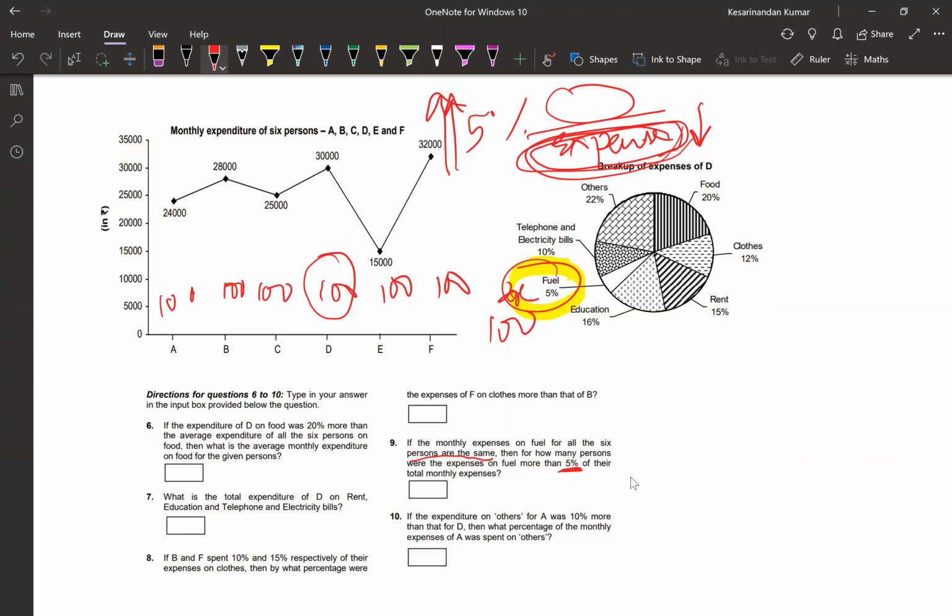So basically I just have to find out the number of people whose expenses are below this line. How many are there? 1, 2, 3, 4. So, that's it, done. Easiest question of all. No need for any calculation. Got it, everyone? Yes. Great.